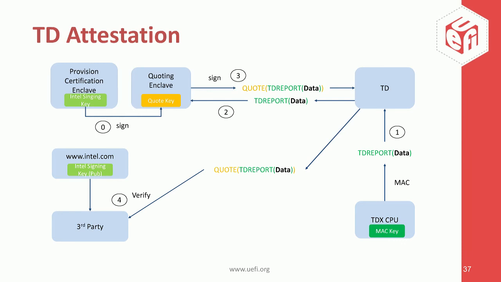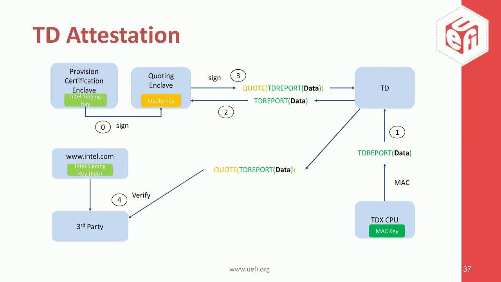Then it will sign the report with its quoting key. Then it returns the TD quote to the TD environment. Step 5, the TD can pass the TD quote to any third party for remote attestation to verify.